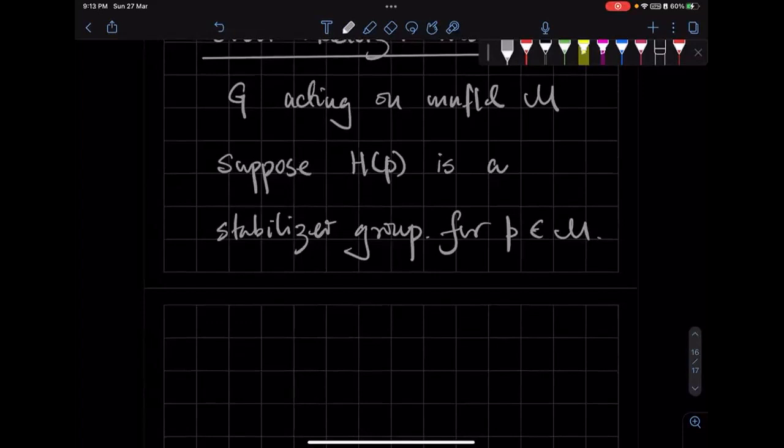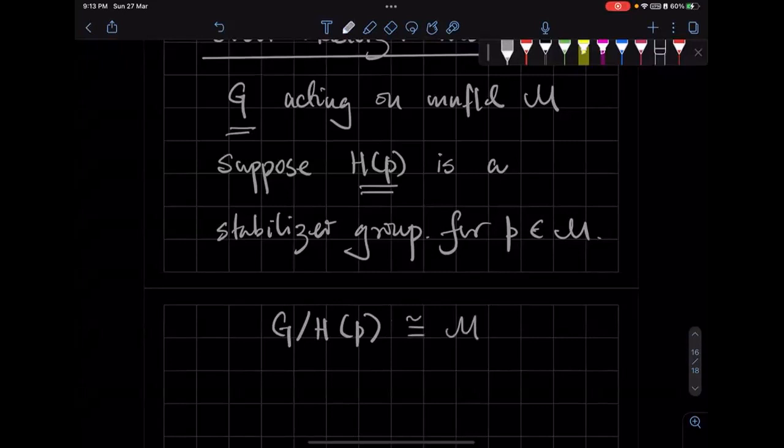Then the coset space of H_P, because if you have a subgroup, you can always make a coset space, there's a one-to-one map between the coset space and the manifold.